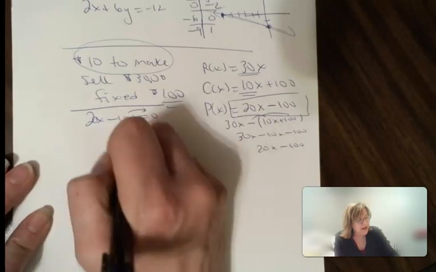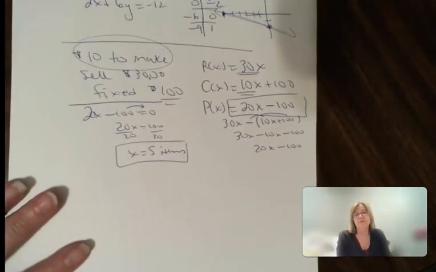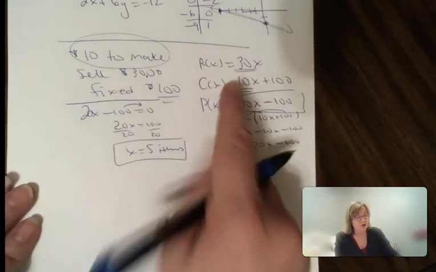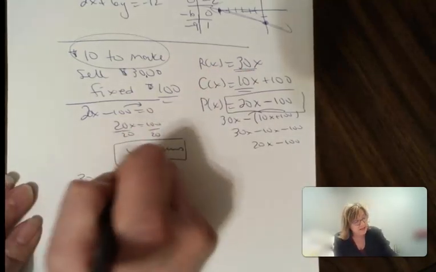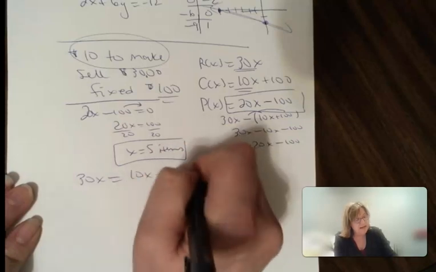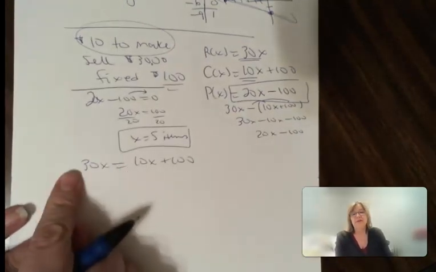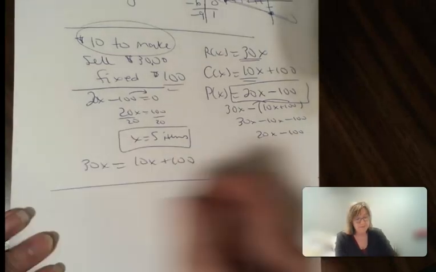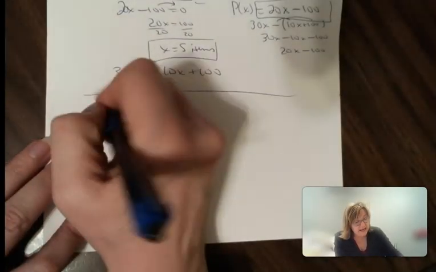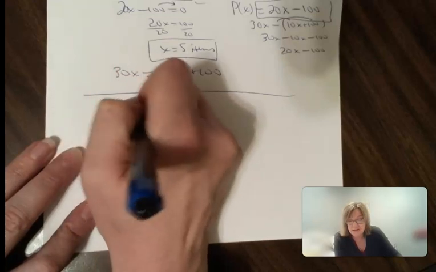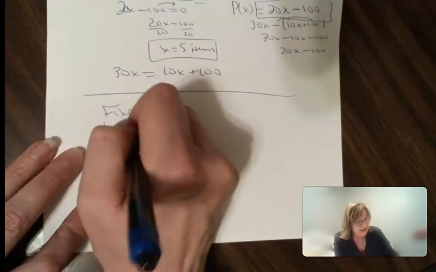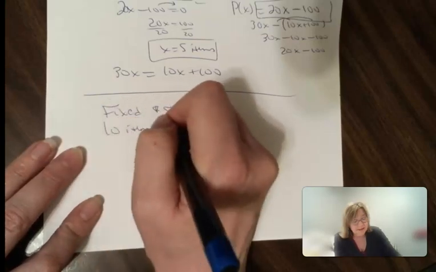So you're going to have to make 5 items to pay off the $100, basically. Another thing you could do is set revenue equal to cost, because revenue is money coming in, cost is money going out, and you could solve that equation. You're going to end up in the same place. Okay, either way works.